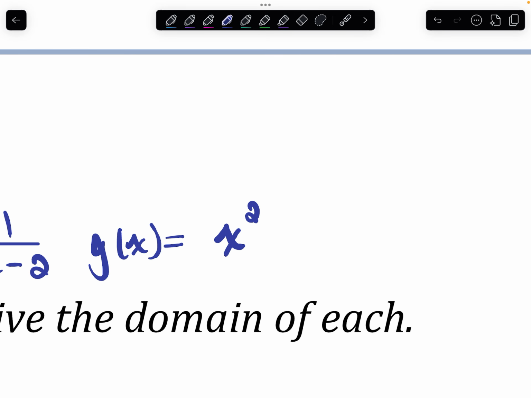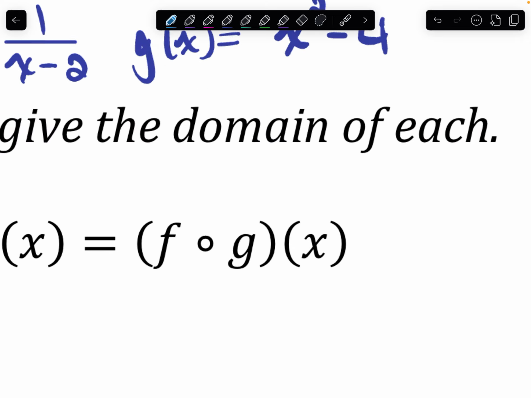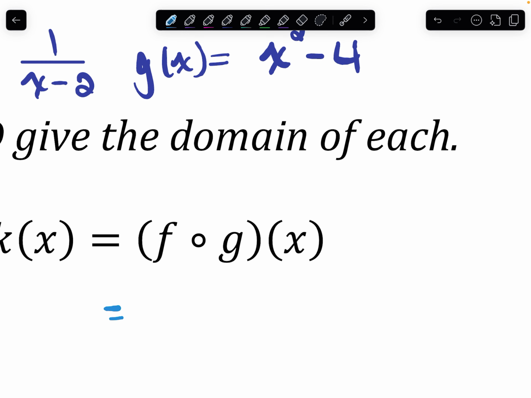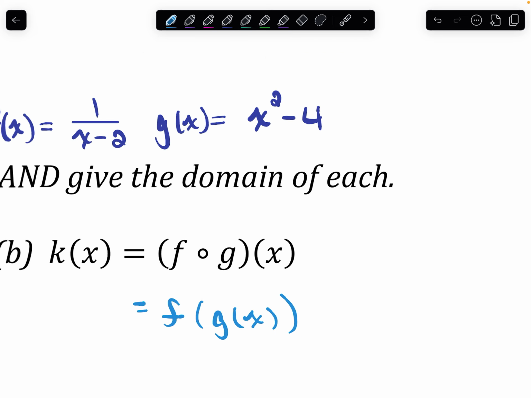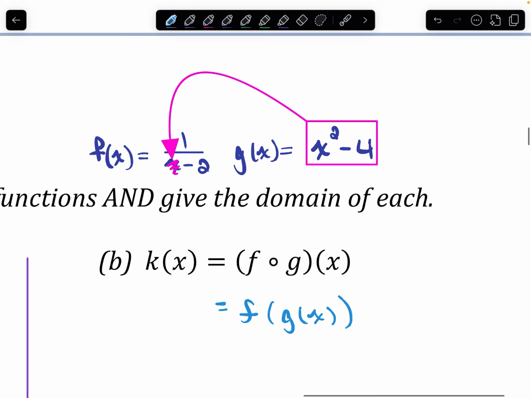All right, f of g. So this time, g is inside with the x and f is outside. So we are taking the function g, all of it, and plugging in for our variable on f. So where this x is, all of that's going to go in its place.